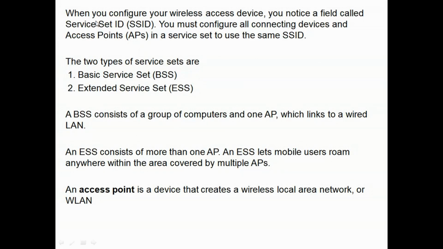See, whenever you configure a wireless access device, you notice a field called service set ID, SSID. Even in your Wi-Fi setup, if you check your phone settings, you will find that SSID.